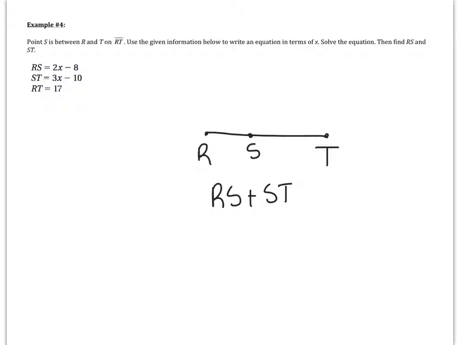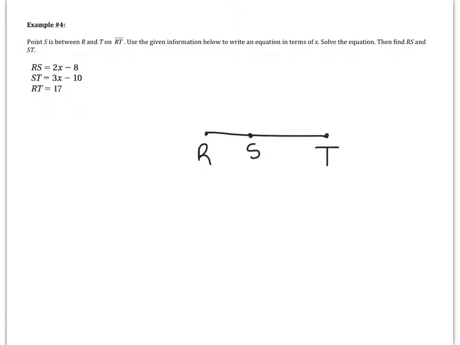It says, use the given information below to write an equation in terms of x. Solve the equation, then find the length of RS and the length of ST. So let's refer to the segment addition postulate. According to the segment addition postulate, we know that the 2 smaller segments, RS and ST, when added together would equal the bigger segment RT.